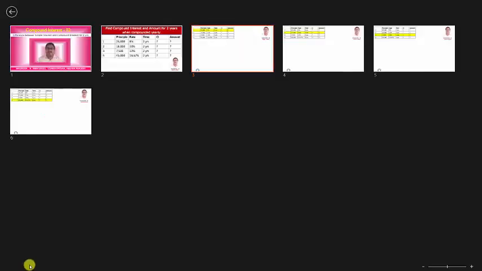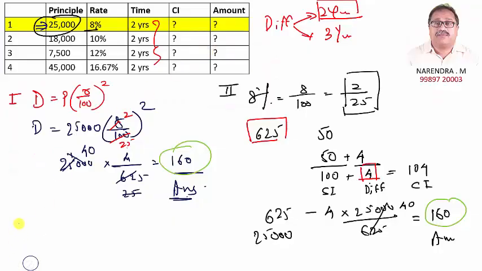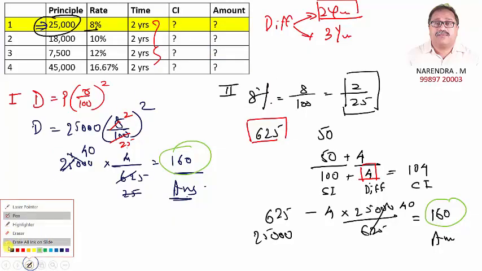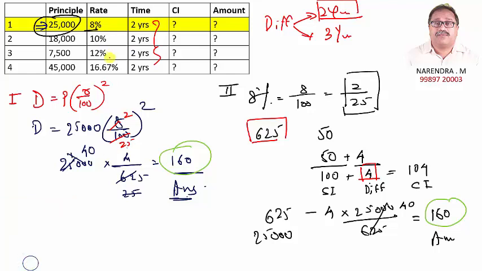But when it comes to questions like this, with 16.67%, where the fraction is 1 by 6, you will get much advantage by using the fraction method. So therefore we will prefer to go with the fraction method rather than the formula method.